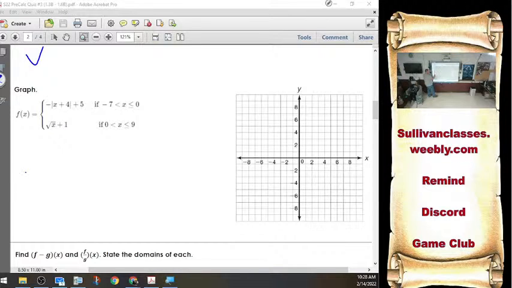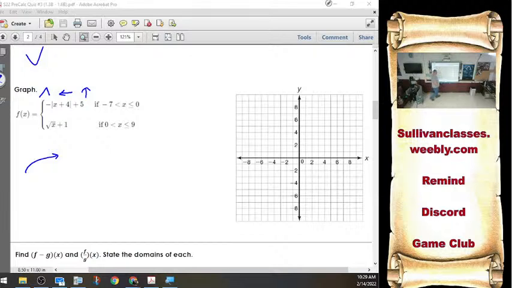When I see square root, I know it's, I don't even know what you would call that, errant rocket. I see a negative in the A spot, vertical reflection. +4 in bass-ackwards land grouped with the x, left 4. +5 in the k spot outside of the grouping, up 5.